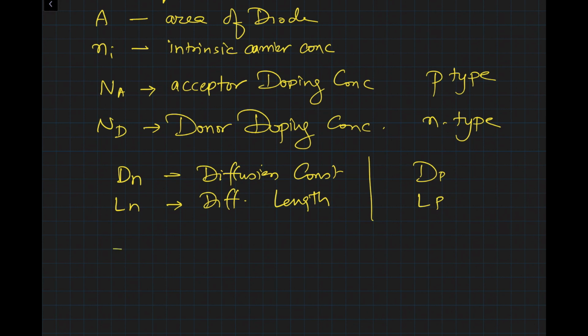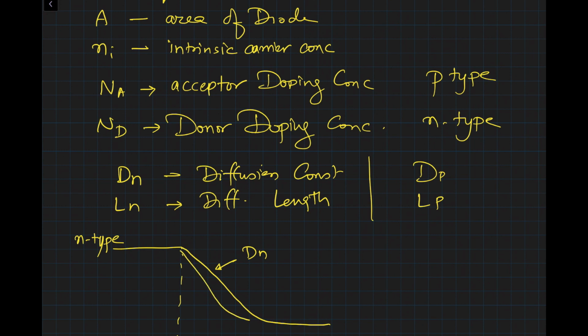For example, if you have really high n-type carriers on one side, across the junction it's going to start dropping like this and it will approach the final value here. So the diffusion constant describes this particular characteristic. Would it be this way? Would it be this way? That is described by Dn and Ln.